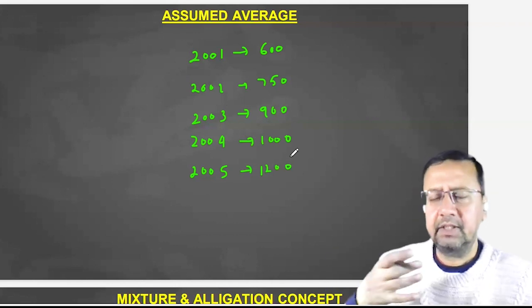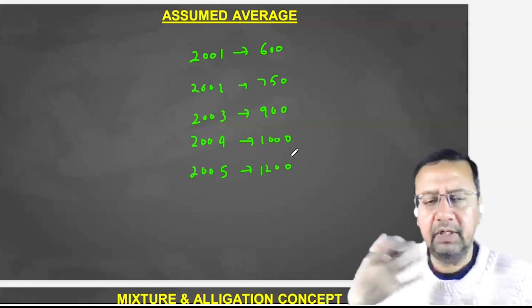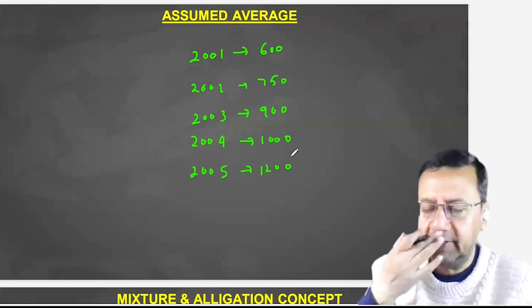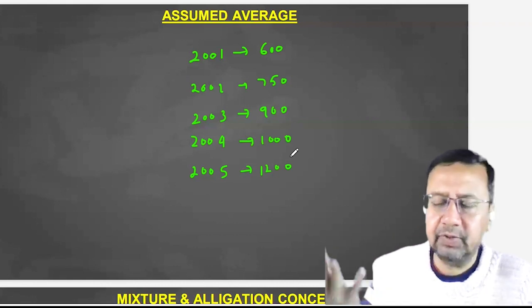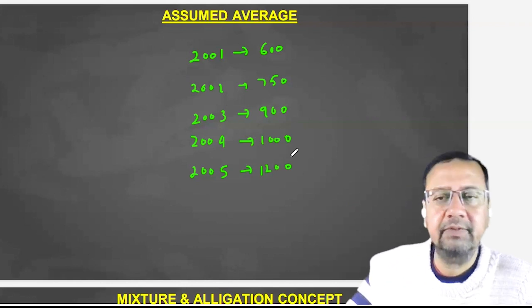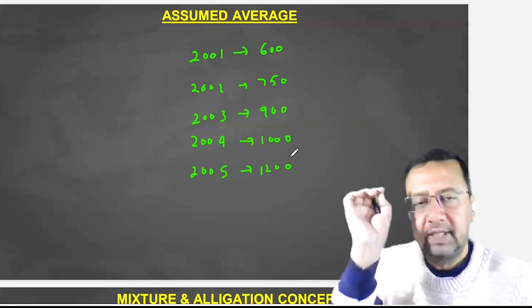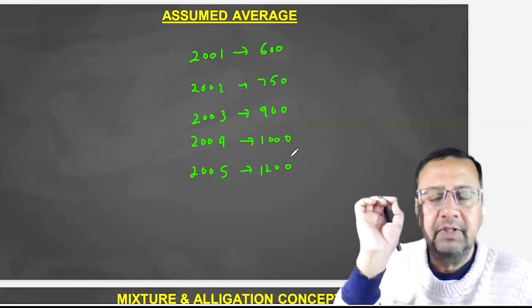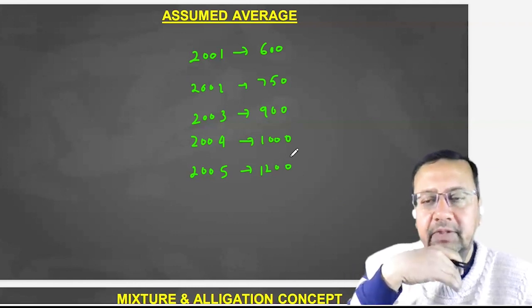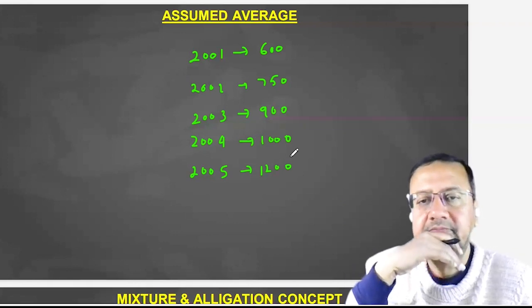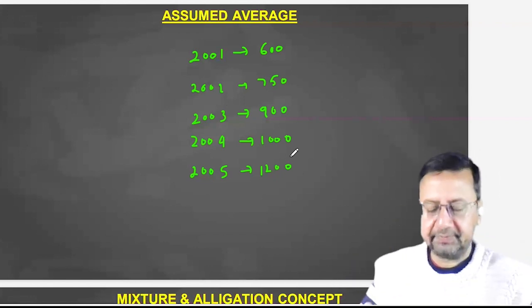So maybe this is a production of some cold drink bottles, or maybe ice cream, or biscuits, cars, etc. in different years. Okay, so can you tell me the average for the 5 years? How can I calculate the average for the 5 years?